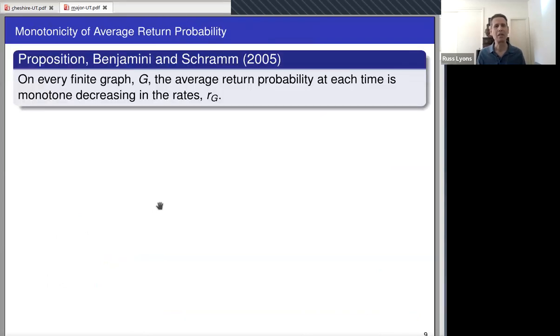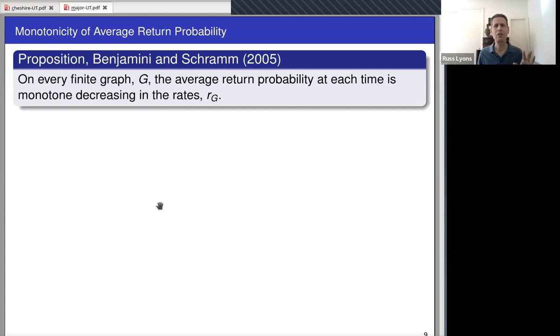This was shown by Benjamini and Schramm, published in a paper by 2 others. On every finite graph, if I look at any set of rates, and I look at the average return probability at any particular time, it'll be monotone decreasing in the rates. In other words, if none of the rates go down, some may go up, then the average return probability at that time can only decrease. So that's a nice property.